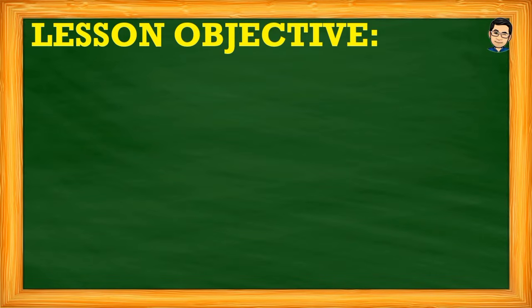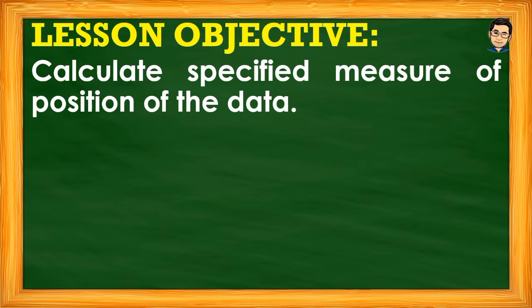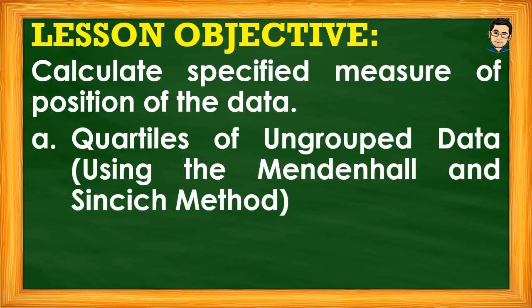To start our discussion, let us identify first the lesson objective. Our lesson objective will be calculating specified measure of position of the data. For this video lesson, we will first discuss quartiles of ungrouped data using the Mendenhall and Sincich method.